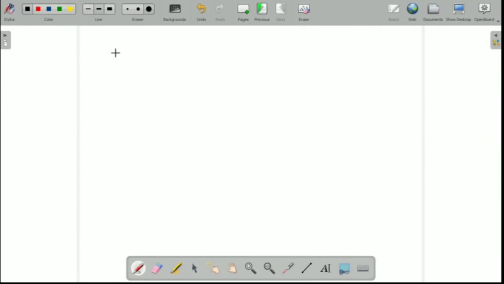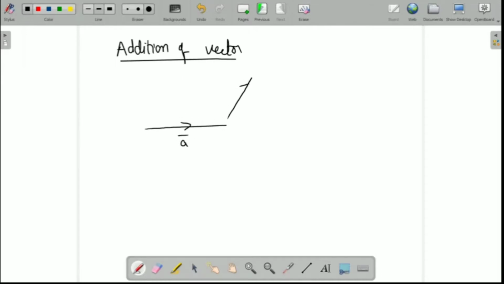Okay. Addition of vectors. This is a bar and this is b bar. Now the result of a and b is the resultant, a bar plus b bar. According to the triangle law of vectors, AB plus BC is equal to AC.